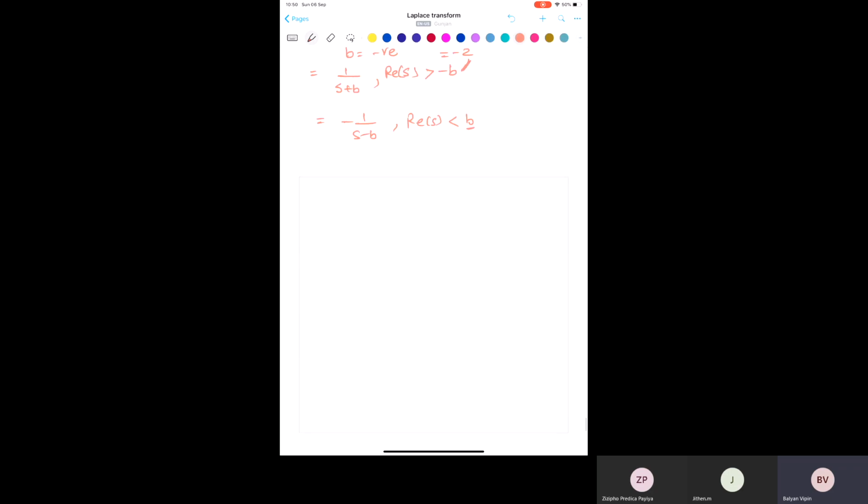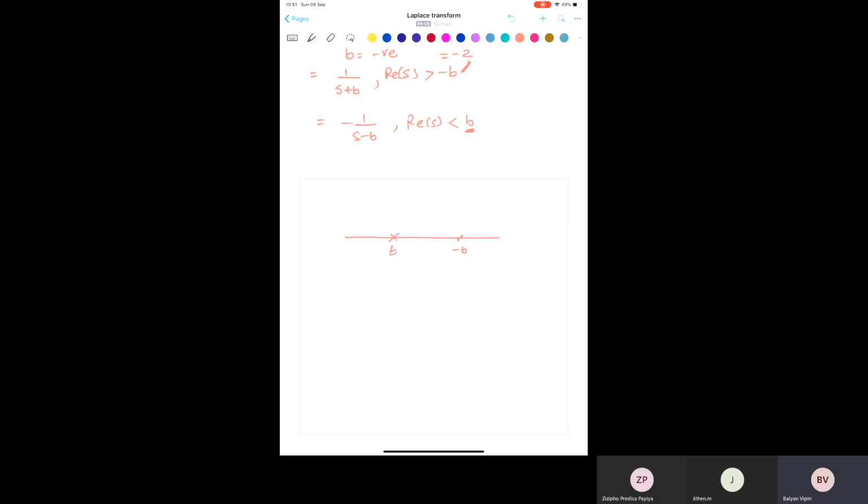Why they will change in a different way is that when you draw it on a number line, because b is negative, minus b will be somewhere here, and b will be here.